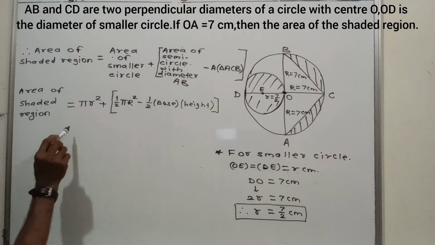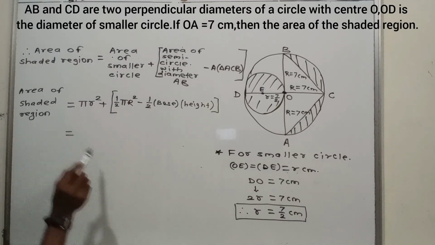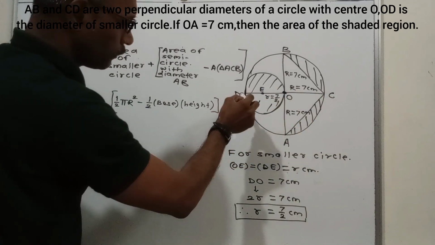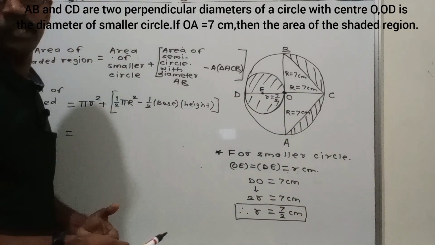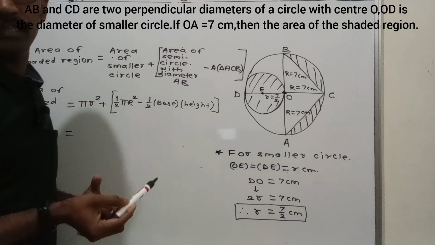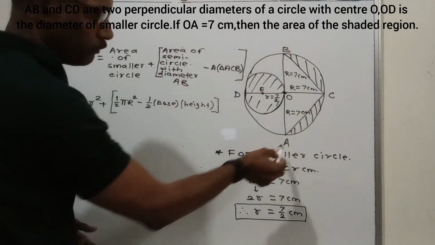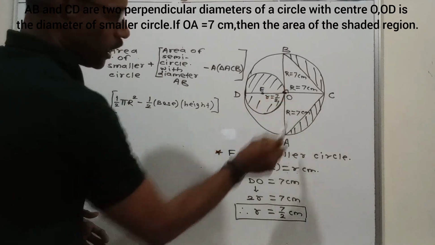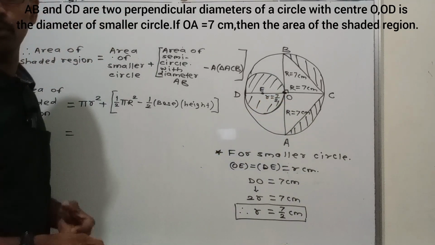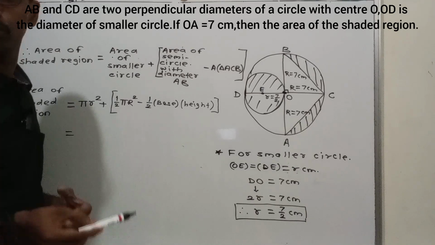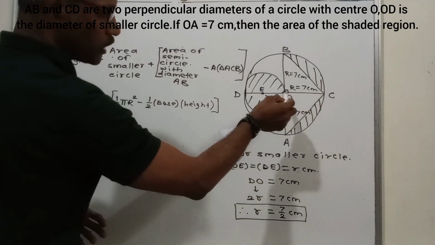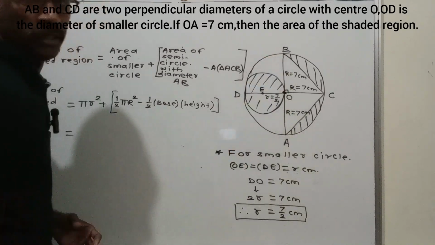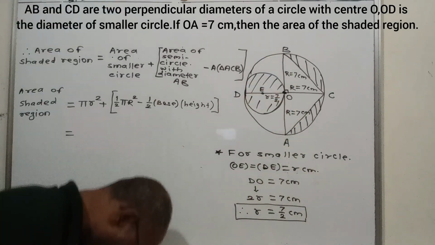Here, CD is the diameter, and AB is also a diameter. Both are perpendicular to each other, meaning C O D and A O B are perpendicular.